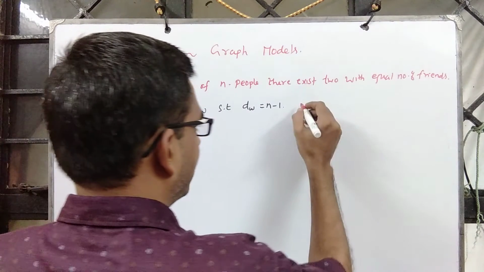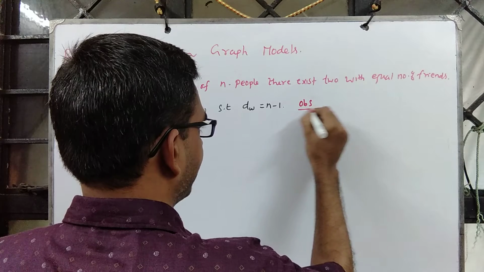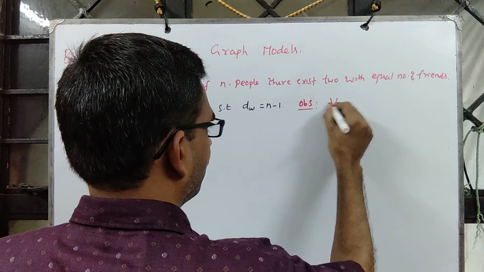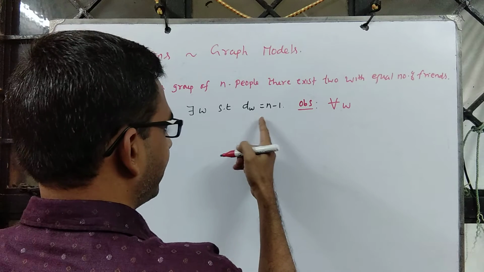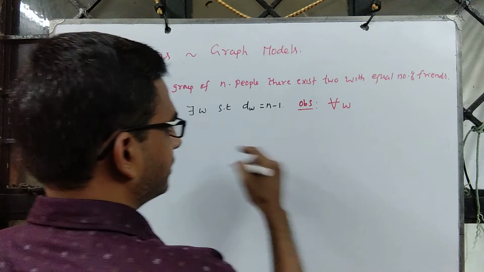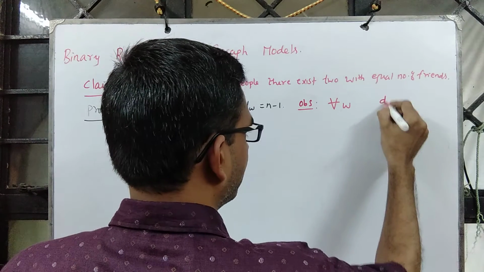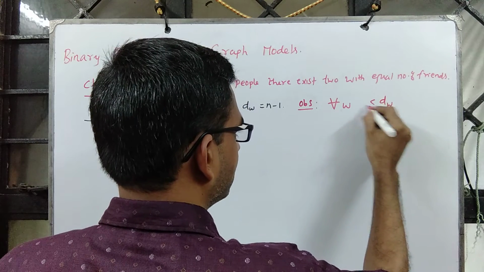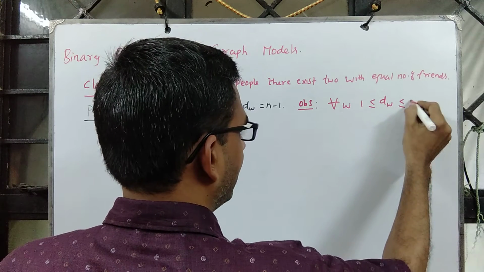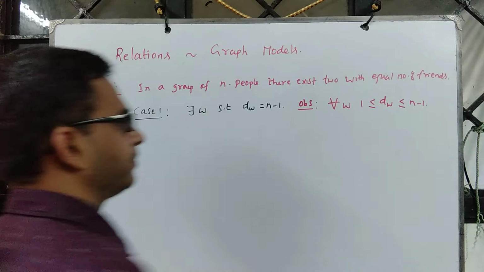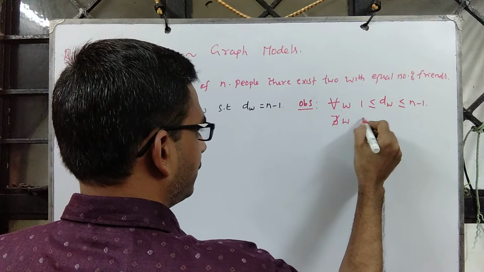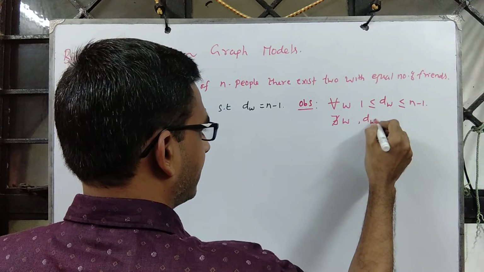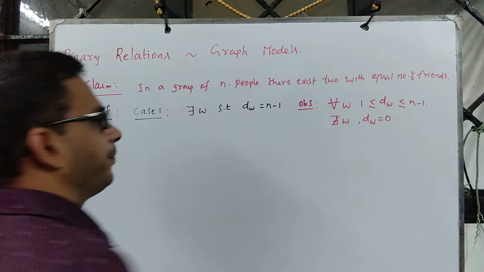And we observe that if this is the case, then for all W, we know that there does not exist a W whose degree is 0. Then for all W, its degree is between 1 and n minus 1. There does not exist W such that degree of W is 0.